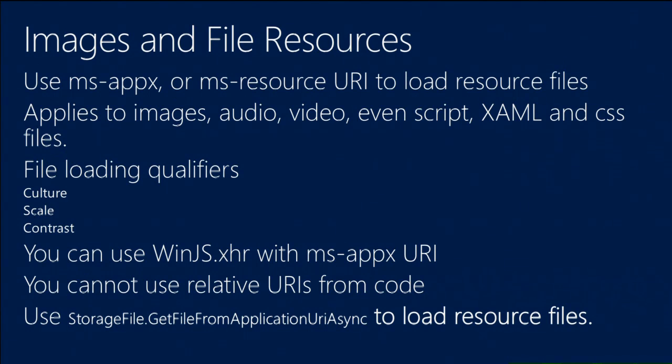If you need to load the files from your code in HTML and JavaScript, you can use WinJS.xhr, which is XML HTTP request. It's like the AJAX call from jQuery or anything. From C#, VB or C++, you can use StorageFile.GetFileFromApplicationUriAsync to get the file, and you cannot use a relative URI.